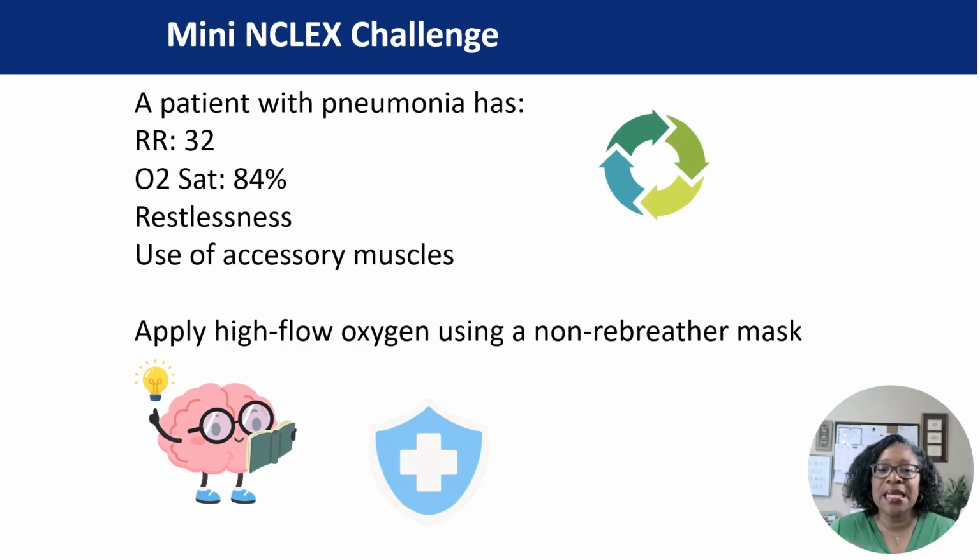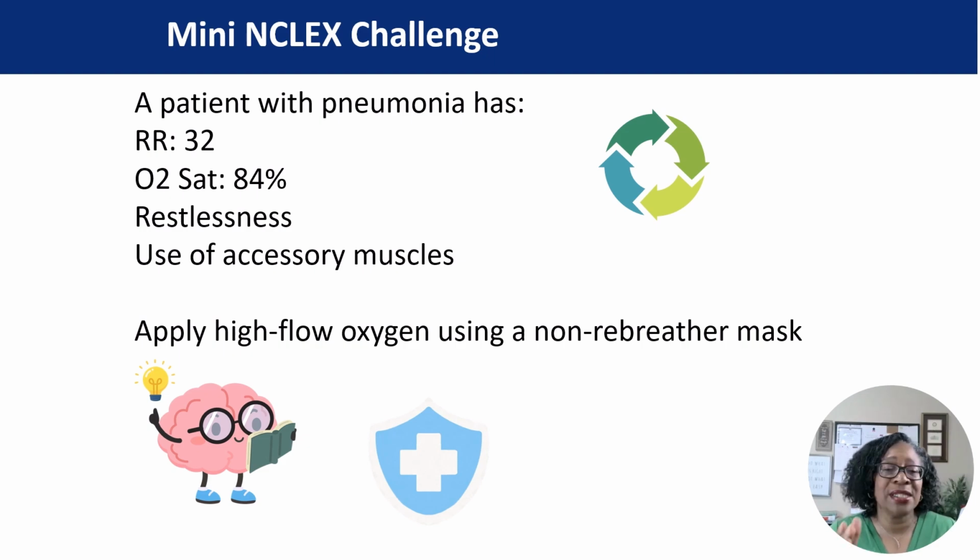Now let's do a mini NCLEX challenge. You have a patient with pneumonia and they have the following assessment: respiratory rate 32, oxygen saturation 84%. They're restless. They're using accessory muscles. What's the priority for this patient? The correct answer is going to be high flow oxygen.